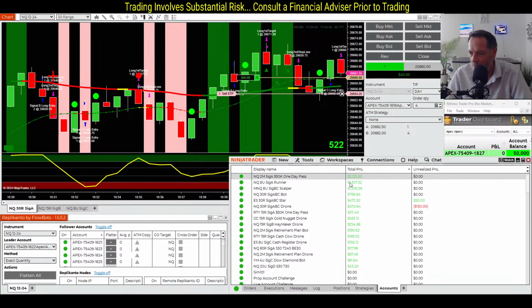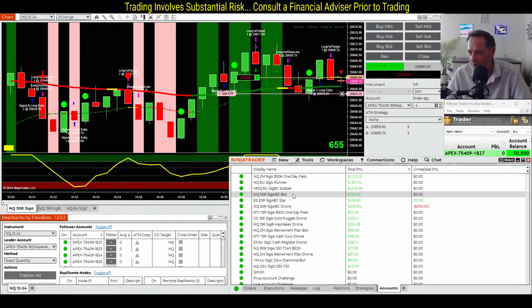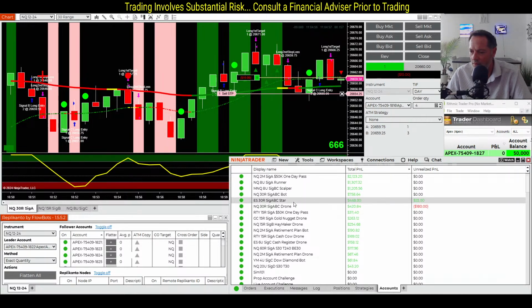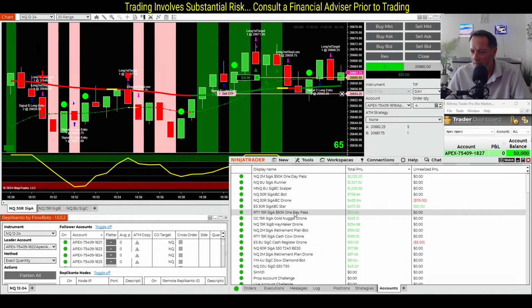Take a look at the leaderboard. Looks like the 2-minute 1-day pass, lead dog, got the runner. Scalper's up here, 1200 still. Got the ABC bot, ES star, the Robert star up here, number 5. Just got bumped. Ooh, got the RTY ODP, sitting at 311.